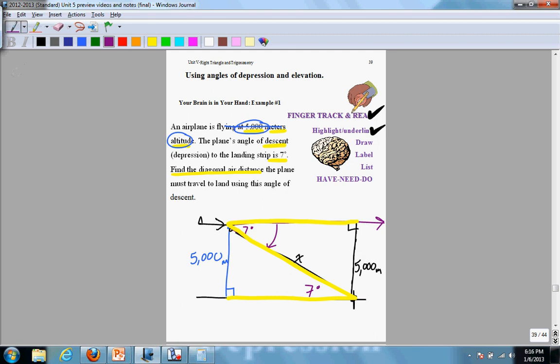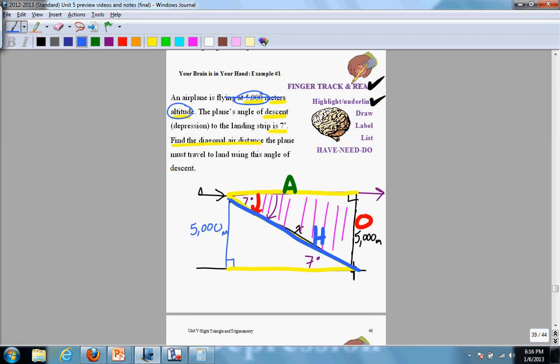So I have two exactly mirrored triangle images. I'm going to use this one up here. Now I label my opposite, adjacent, and hypotenuse. If this is the angle we're working with, the 5,000 is going to be the opposite. This is the adjacent, and then this is our hypotenuse.